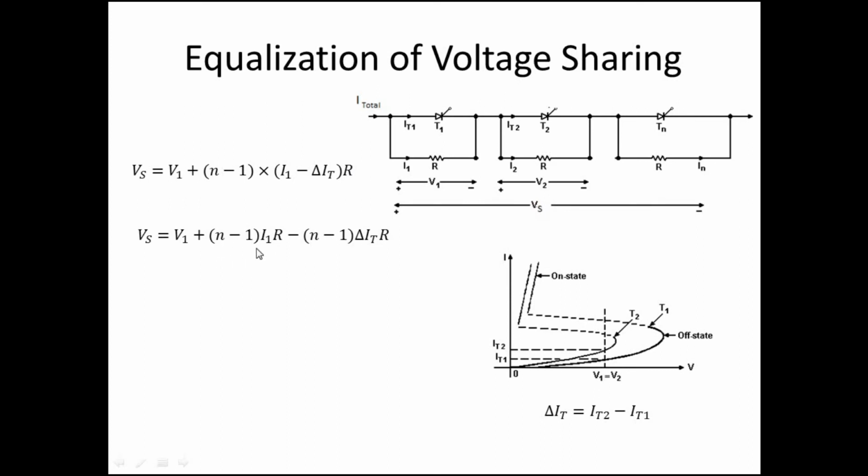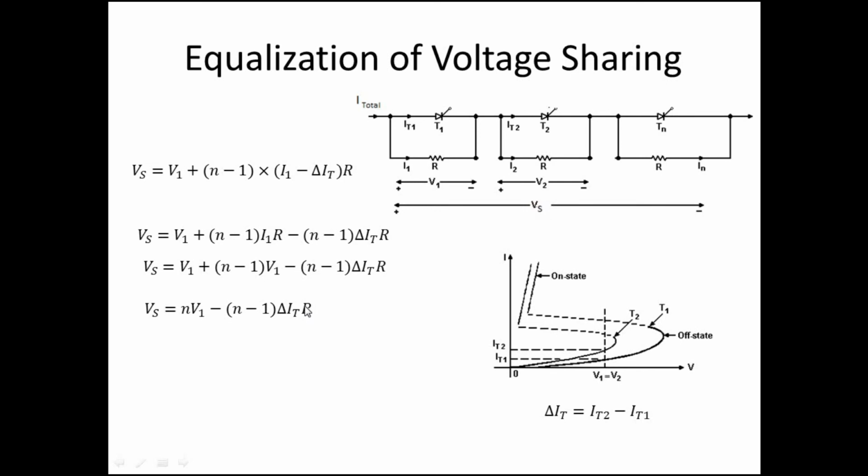Again I1 R is actually the voltage across this resistor, it is V1. So we can say I1 R as V1. Then V1 plus (n minus 1) V1 is V1 plus nV1 minus V1, so we'll get nV1. So it will become nV1 minus this term.